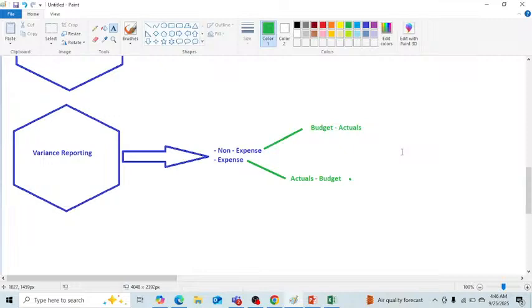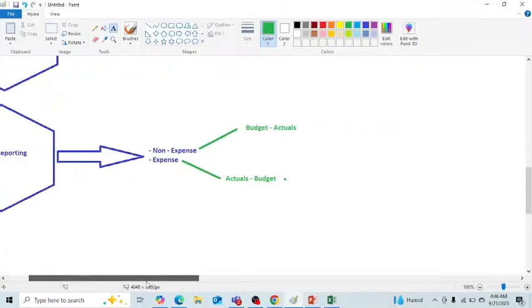So it's a simple but powerful way to ensure your variance reports make business sense. This is how it works and how it handles the different dimensions.